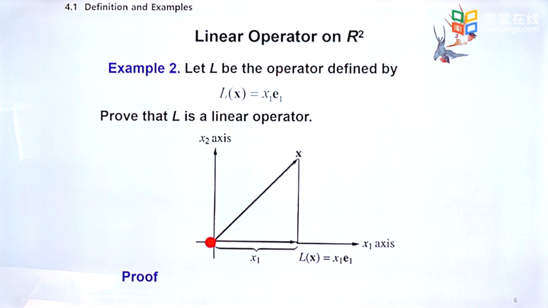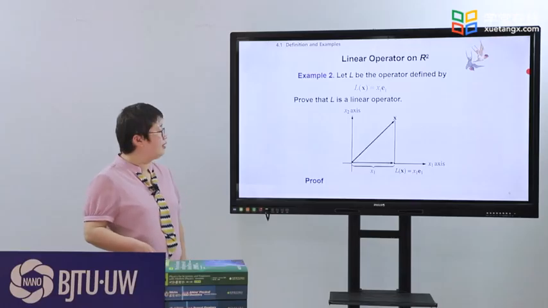Here is x, and if I apply the operator to x, we find this vector x1 e1. This vector is in fact the projection of the vector x along the x1 axis.